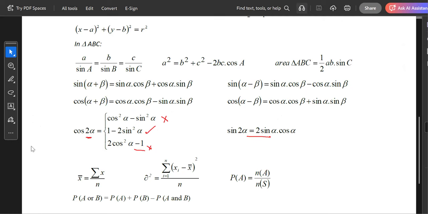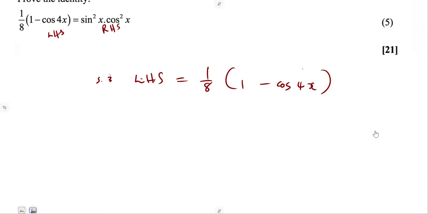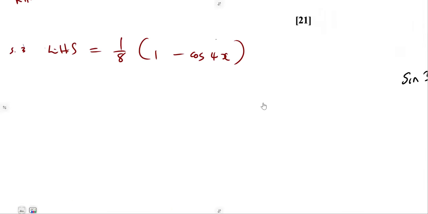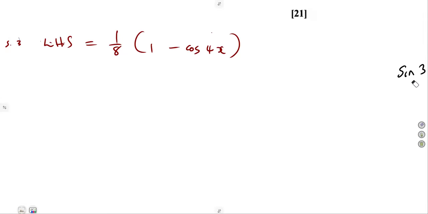For this identity, it's going to be best, but anyone can actually work when you're expanding, because there are chances that we are going to work with the cos because of this 4 that we are seeing here. We can rewrite it as 2 times 4x. So it is just like cos 2 times beta, where our 4x represents beta.